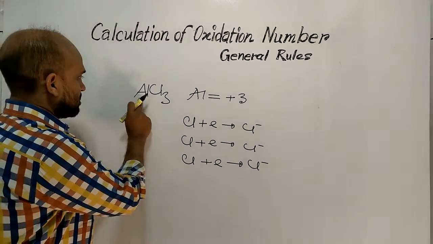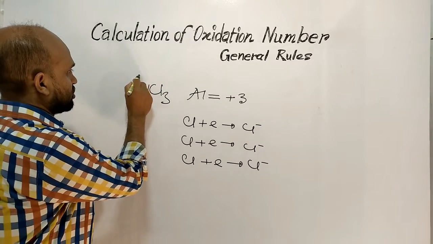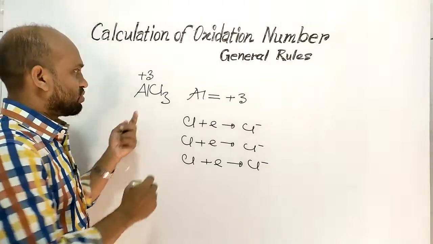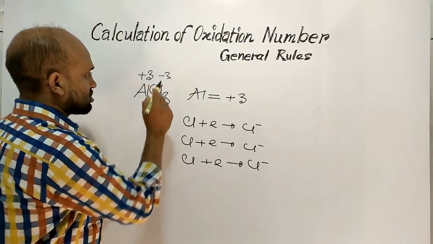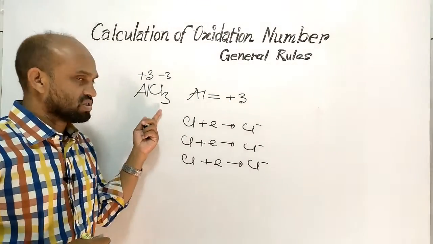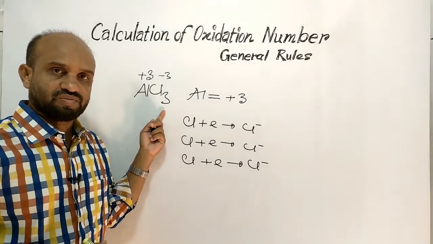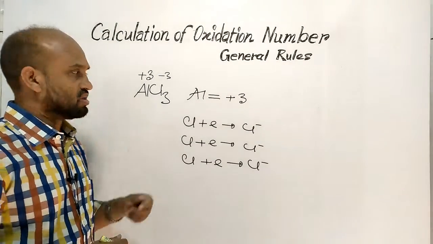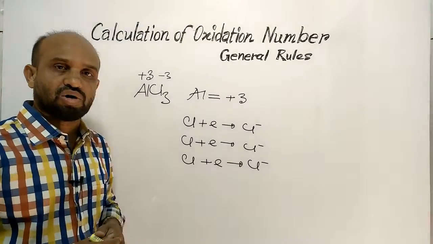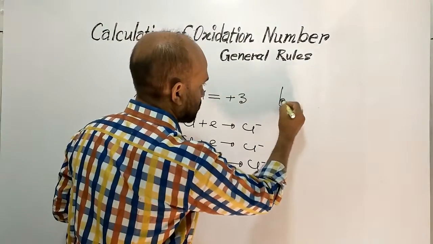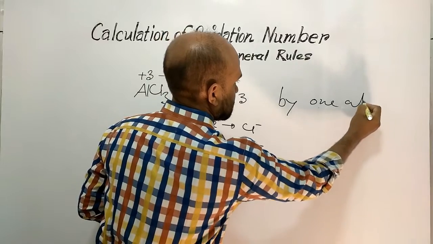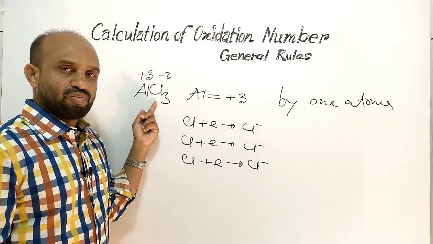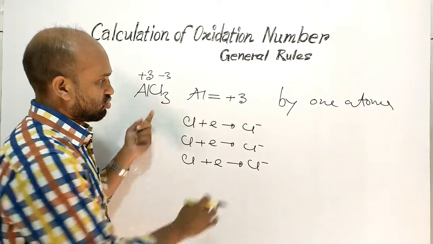So here oxidation number of aluminum is +3. Oxidation number of chlorine is not -3, because in the definition it is said the number of electrons donated or accepted by one atom of any element, by one atom. So here one atom of chlorine accepted one electron.